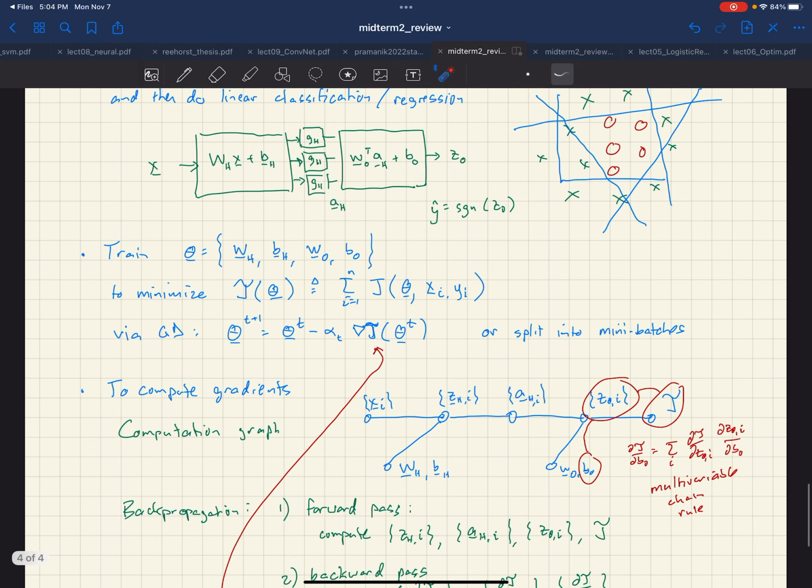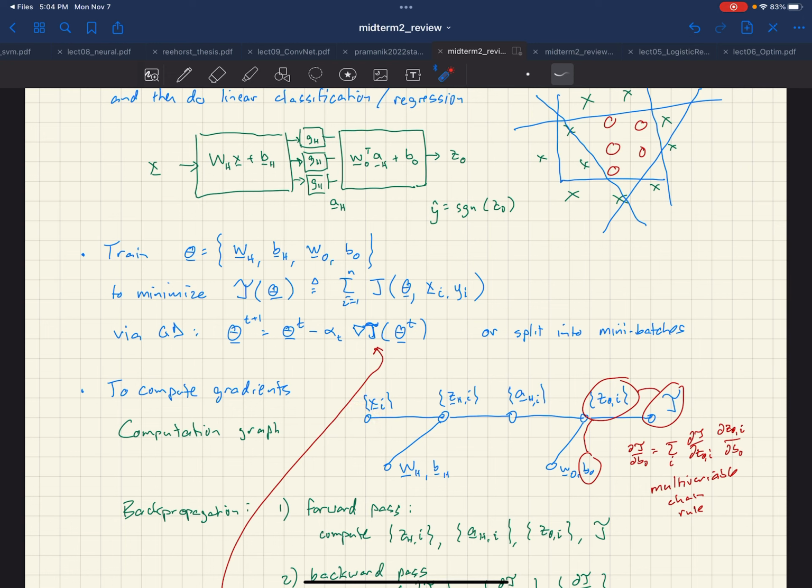To figure out how to compute those gradients, which is the main challenge now, we constructed this computation graph, which just showed how all the variables are related to each other. On the right side of our graph, we have the cost, J. And on the left side, we have our inputs, our xi's.